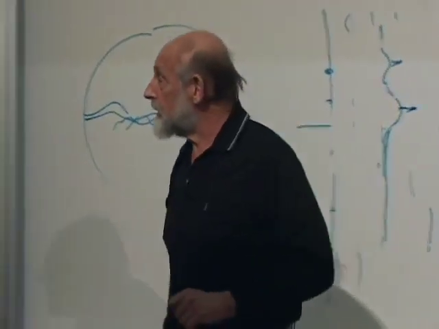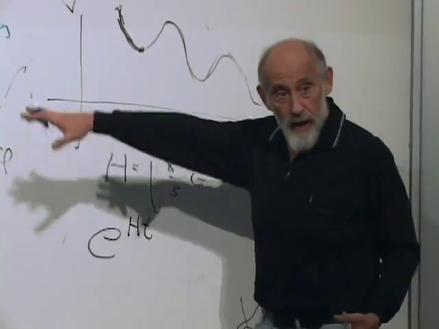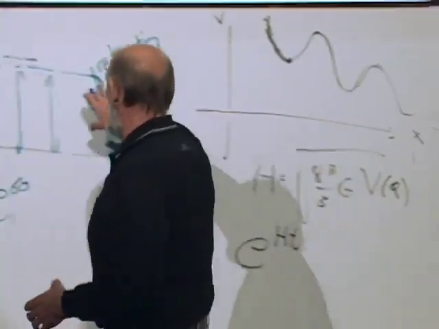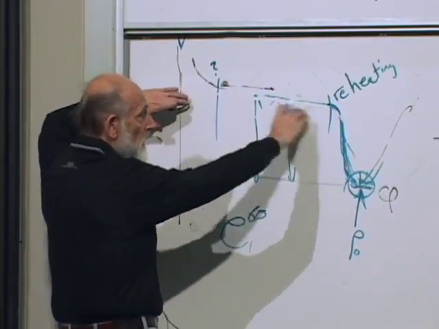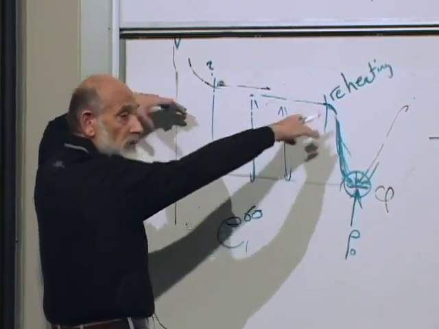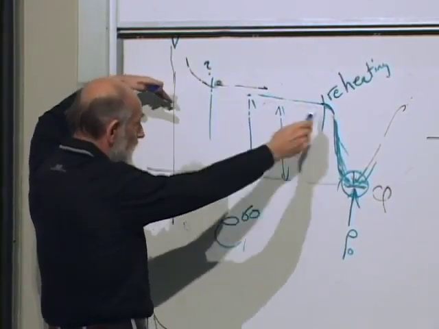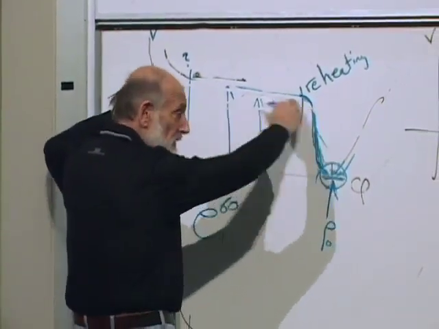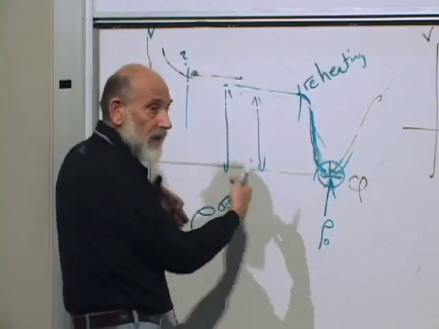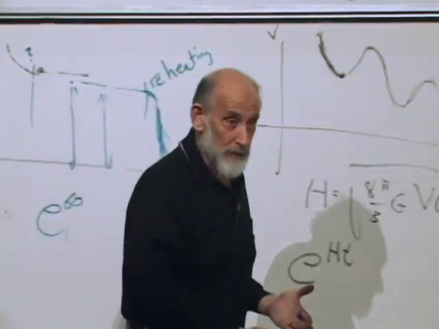Now, that 1 part in 10 to the 5 is not a number that we can derive from this picture. It tells us some constraints on the shallowness of this, how flat it is, the height of it. It puts some constraints on the parameters.